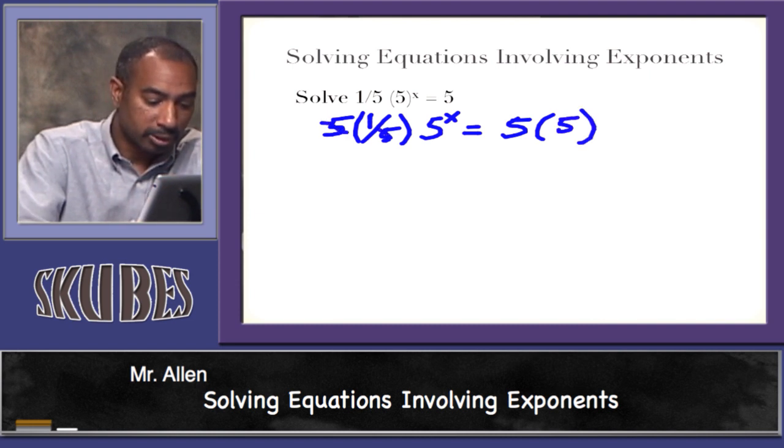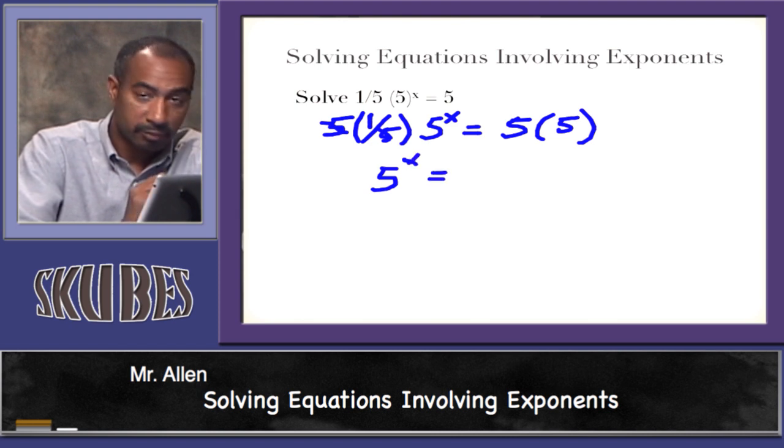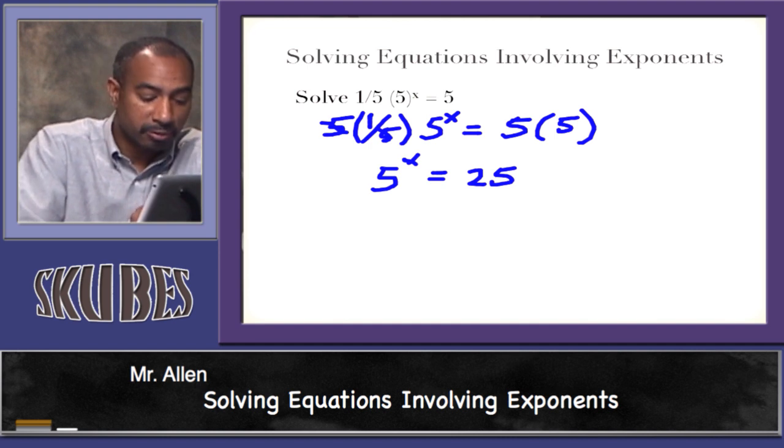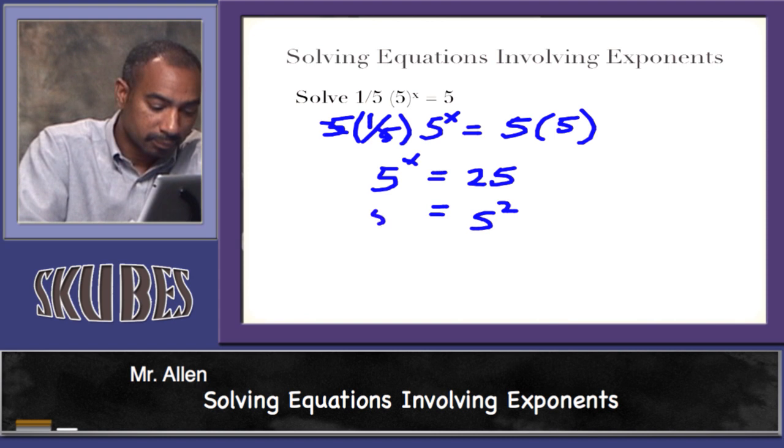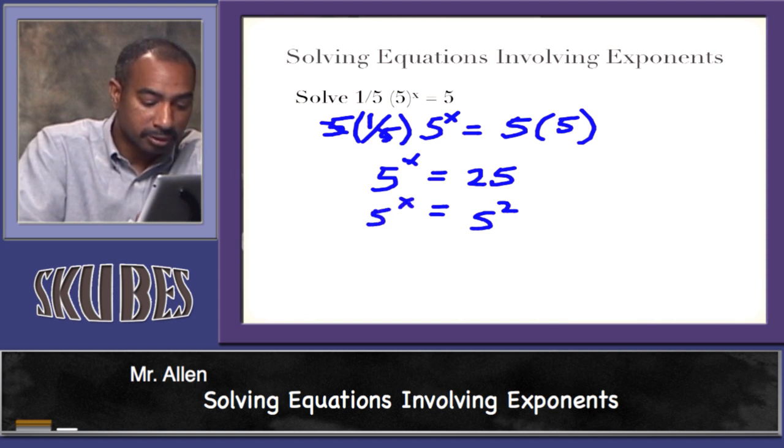So I get 1 here. 1 times 5 to the x is 5 to the x. 5 times 5 is 25. Well, I know I can express 25 as 5 to the second power. So since the bases are the same, I can conclude that x equals 2.